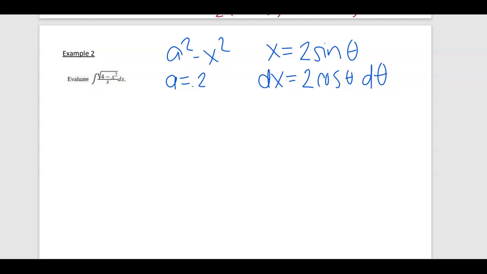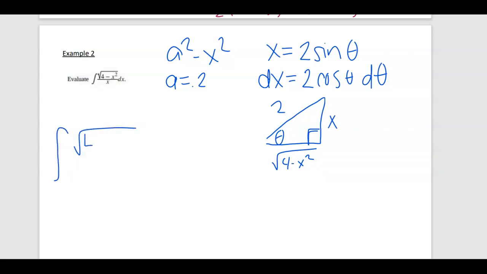And we know we're going to probably need this eventually, so let's go ahead and draw this all out. If the sine of theta equals x over 2, that's how we're setting this up, then this side right here ends up being the square root of 4 minus x squared. All right, let's do our substitution here.